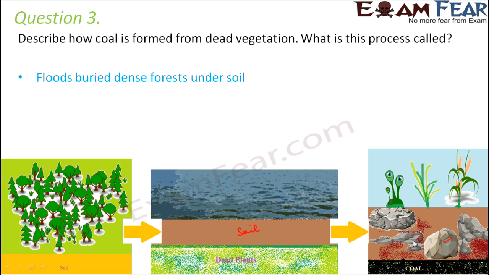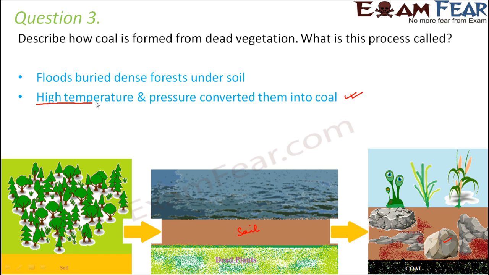So under the effect of high temperature and high pressure, these dead plants lost all their water when squeezed, and they turned into what we call as coal. So high temperature and pressure converted them into coal. So this temperature and pressure, they play a very crucial role here. And this process is termed as carbonization because coal contains a lot of carbon.